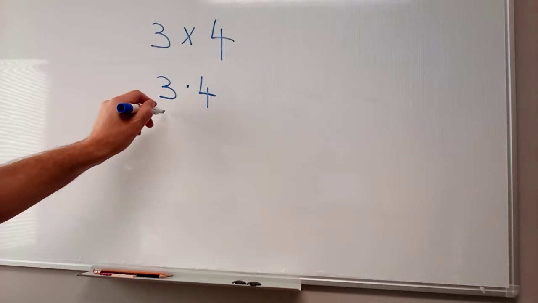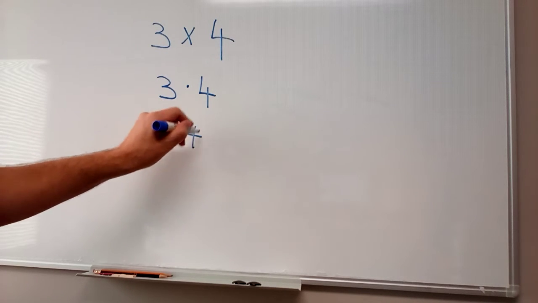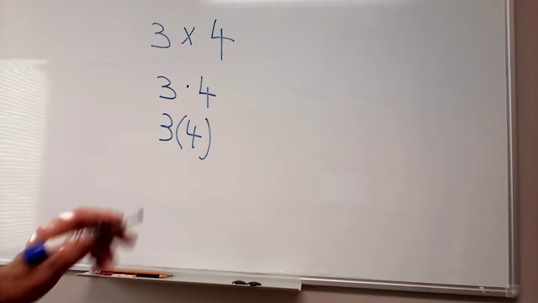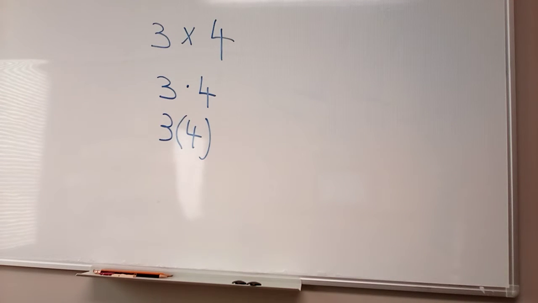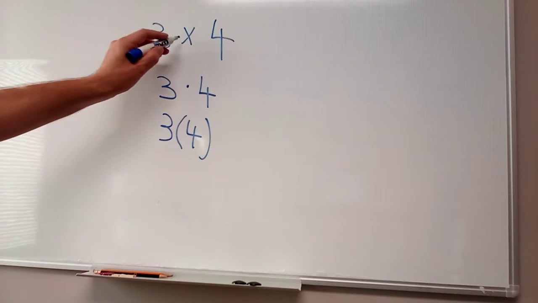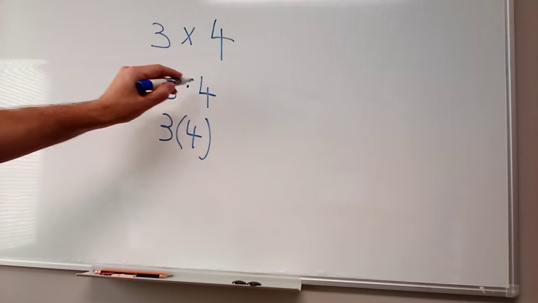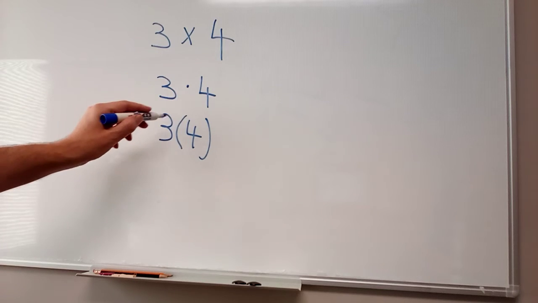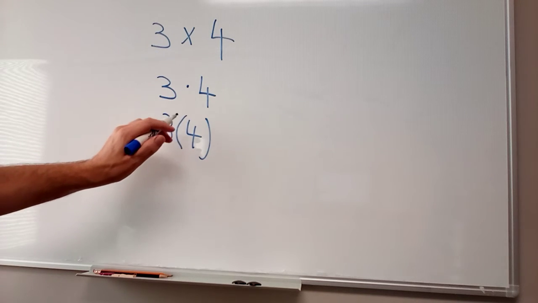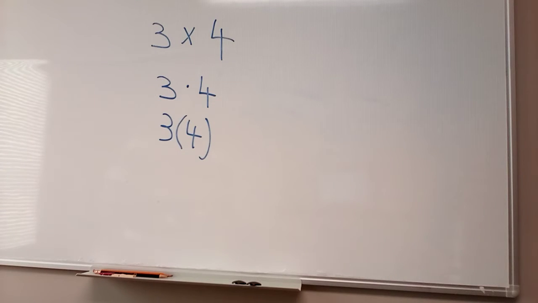Or you can even write 3 with a 4 in parentheses. All of that means the same thing. This is 3 multiplied by 4 using an x. This is 3 multiplied by 4 using a raised dot. And this is 3 multiplied by 4 with the 4 just being in parentheses.